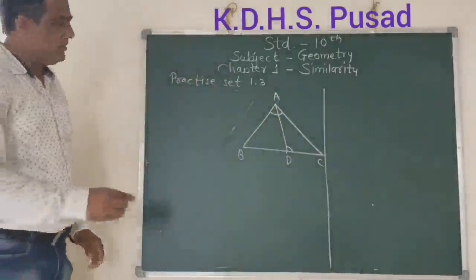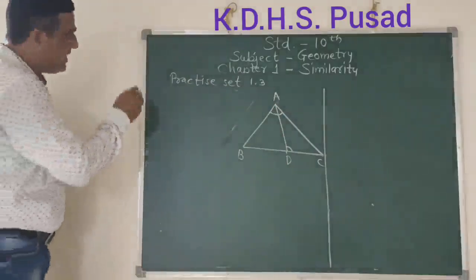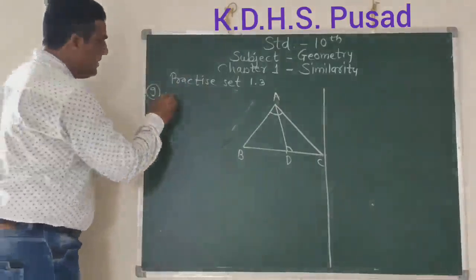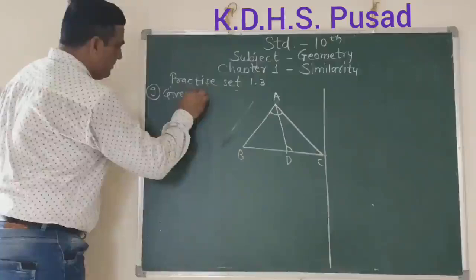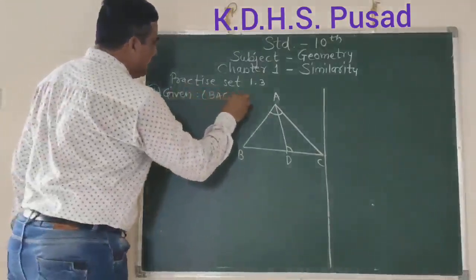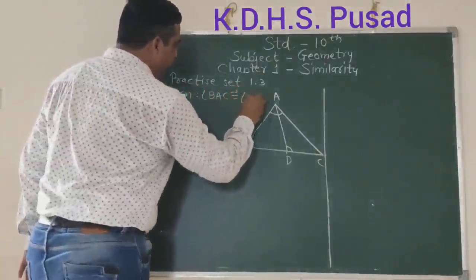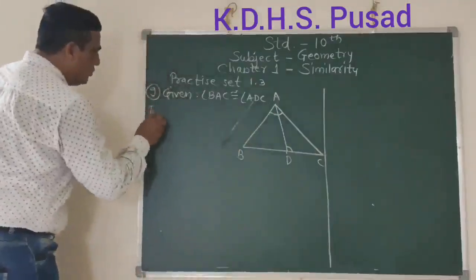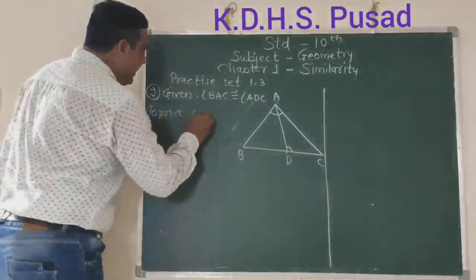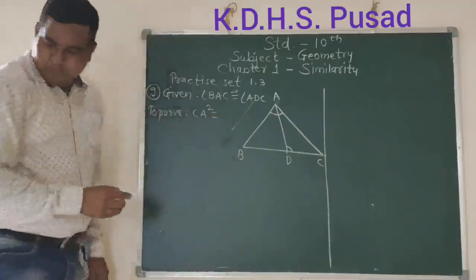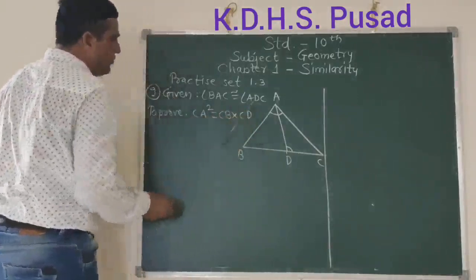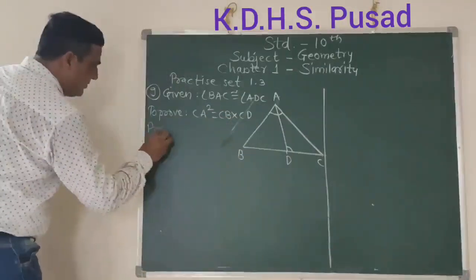Now, question number 9 of practice set 1.3: you are given that angle BAC is congruent to angle ABC, and you want to prove that CA square is equal to CB into CD. That you want to prove. Let's start the proof.